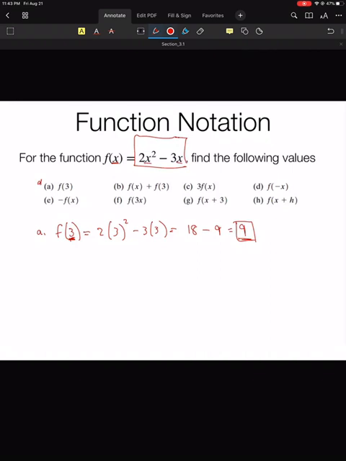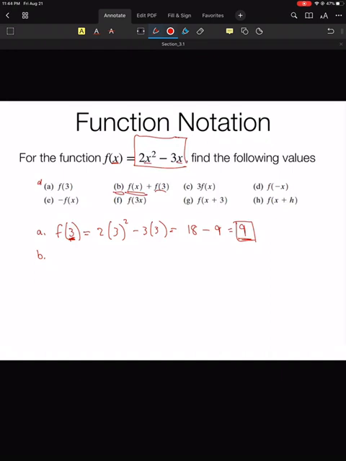Then I have some sort of mixed stuff here in B. Okay, I have f of x plus f of 3. So this is maybe where it gets confusing. Here I have f of x.